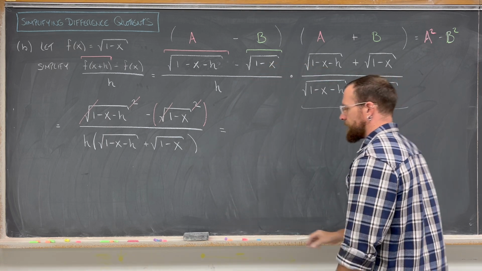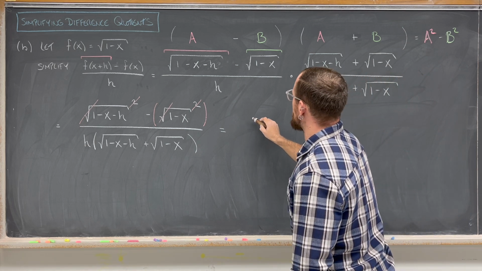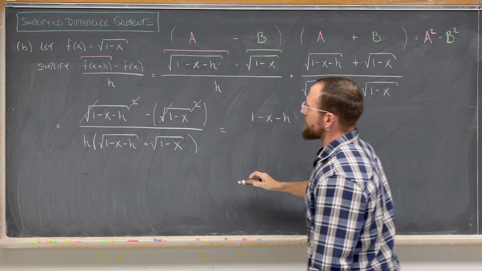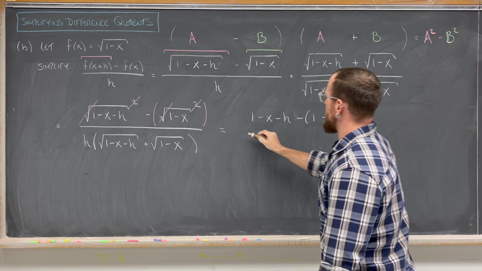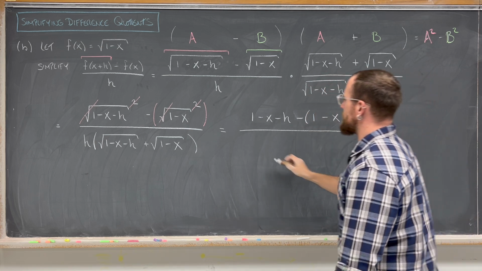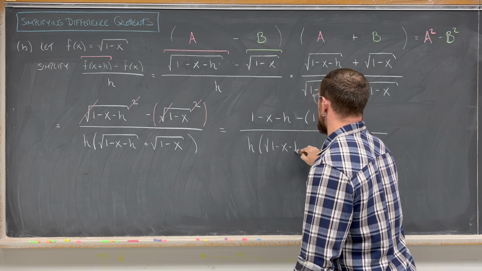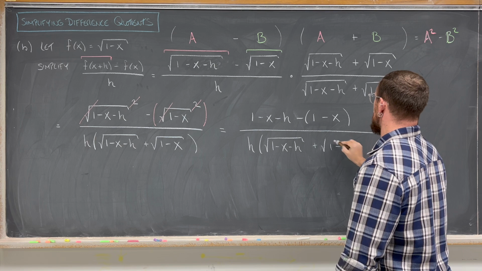So where are we now? Well, let's see. What we have upstairs is 1 minus x minus h, and then we have a minus (1 minus x). Downstairs, we have still just h times the square root of 1 minus x minus h plus the square root of 1 minus x.